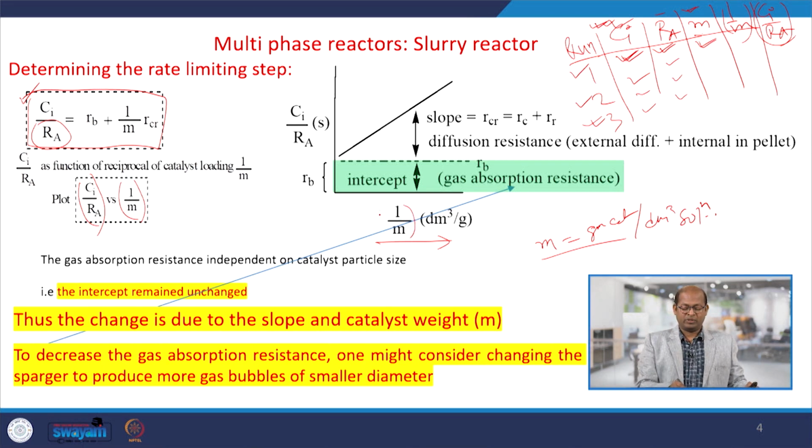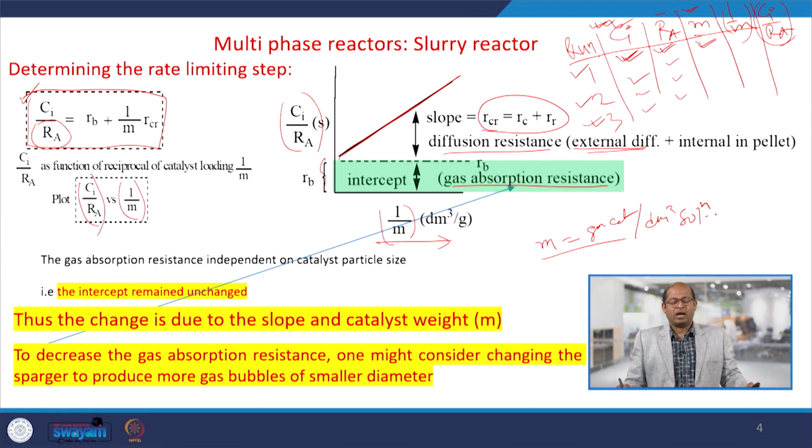If we plot this against the inverse of m, then the line should look like this. With slope and intercept, the intercept indicates the gas absorption resistance, and the slope of this line indicates the diffusional resistance, that is, the reaction plus the external diffusional resistance. It is the sum of these two resistances, RC and RR.